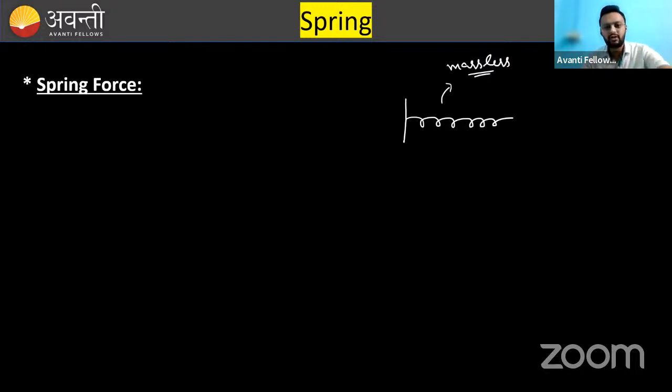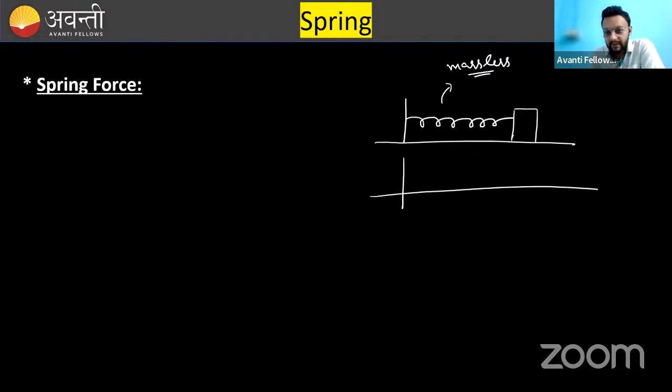Second thing, you notice that, for example, a block is attached with it, and this time if I compress the spring, I have compressed it. Like from here, a person is pulling the block and he has compressed it.